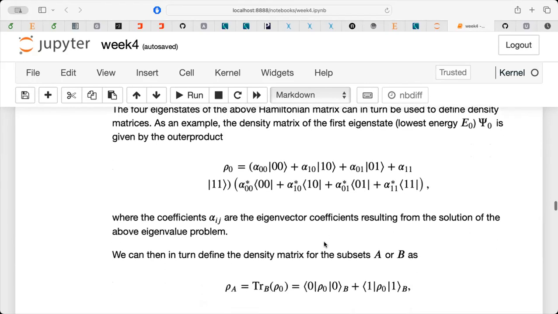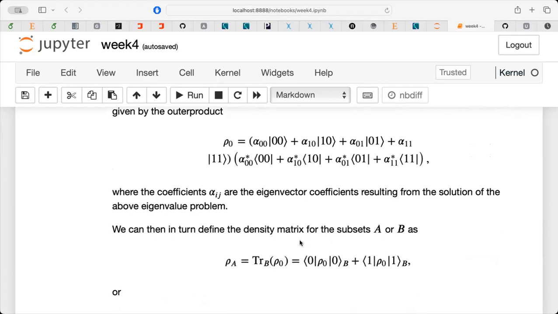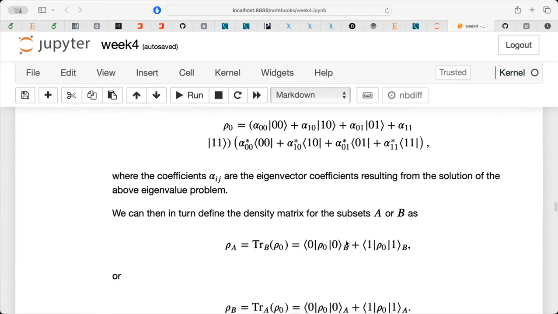So what we can do next, when we have this, is to define the density matrix for the given subsystems. The density matrix for the given subsystems is going to be given by the trace, where we trace out one of them, operating on the full density matrix for the 2-qubit states.